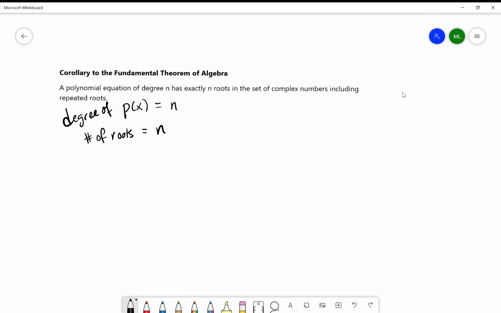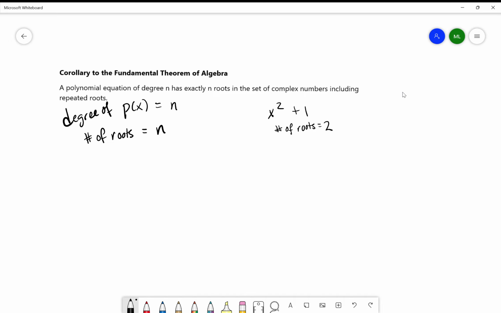And this is what we talked about earlier, that if we have x squared, we will always have two roots. For a parabolic equation, x squared plus 1, the highest degree is 2, so it's a polynomial of degree 2. So the number of roots that this equation will have is 2.